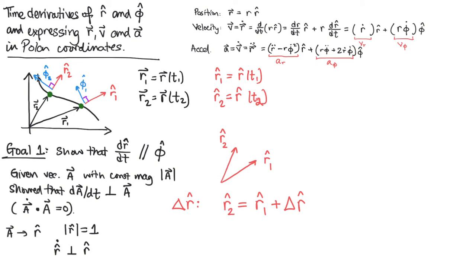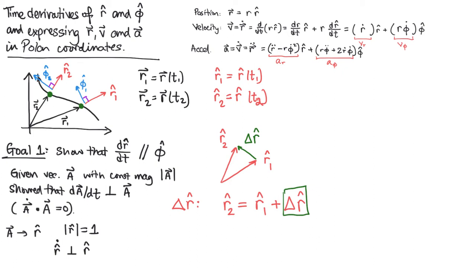So I can draw my second vector like this, delta r hat, that's this term here. Okay. So that helps me select the direction of r hat dot, the rate of change of r hat. So I can see that it's up and to the left and not down and to the right. And so that selects the phi hat direction over the minus phi hat direction.